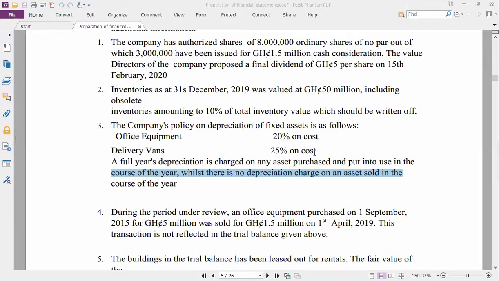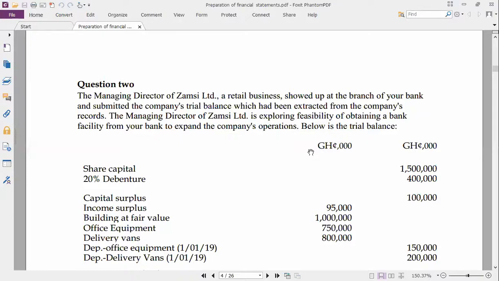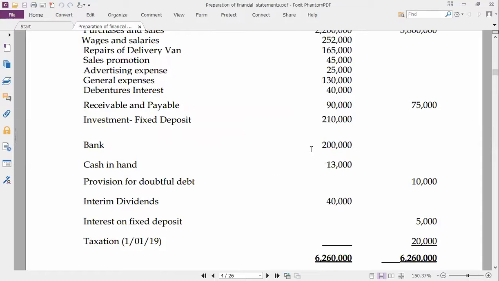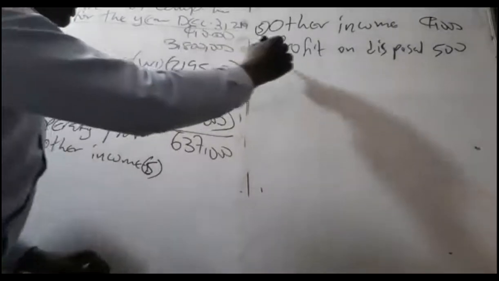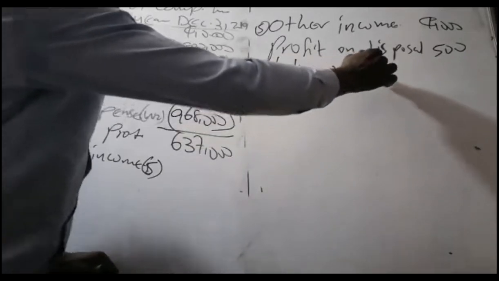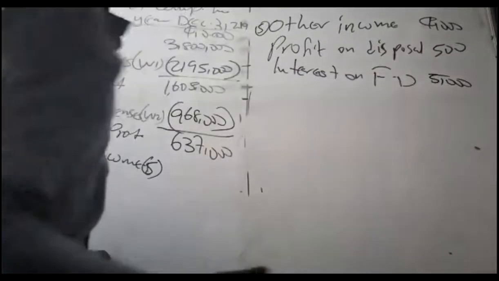Okay, so interest on fixed deposit. That's other income, 5,000.